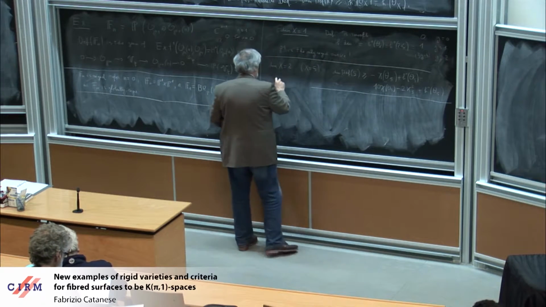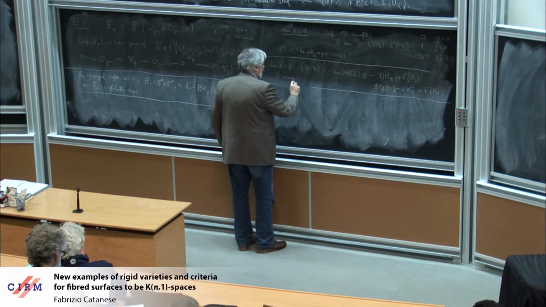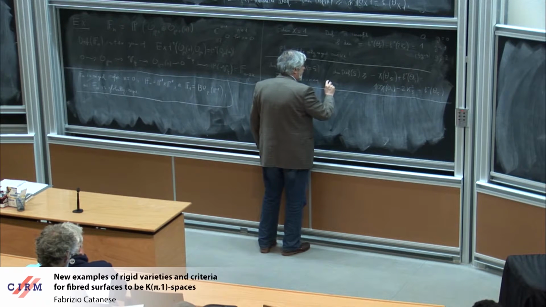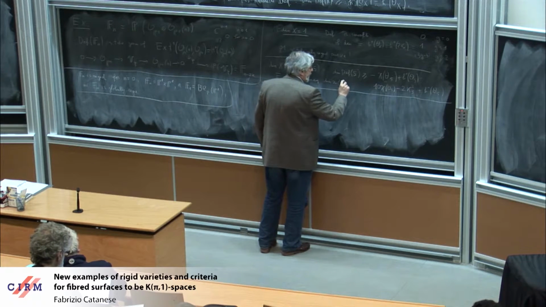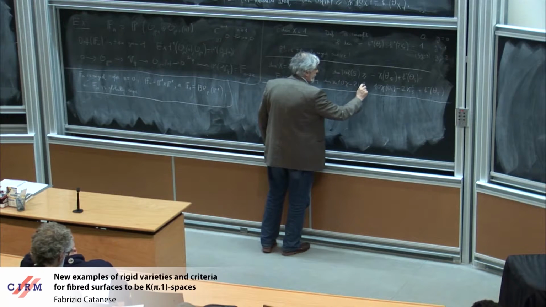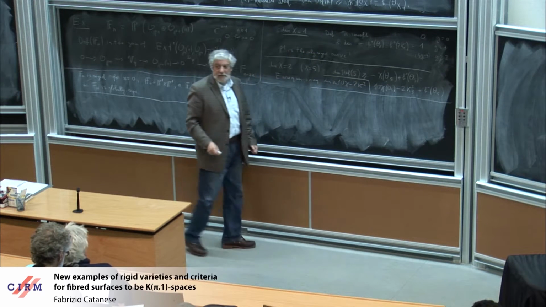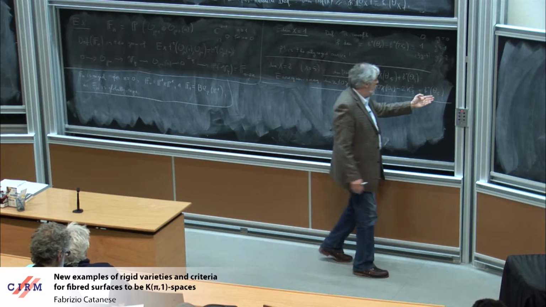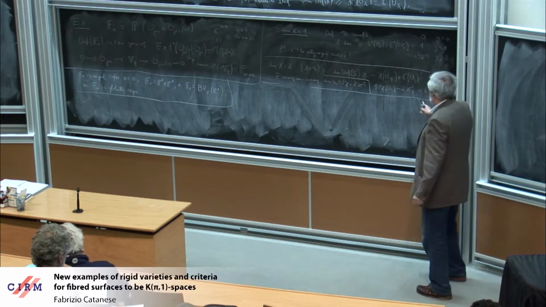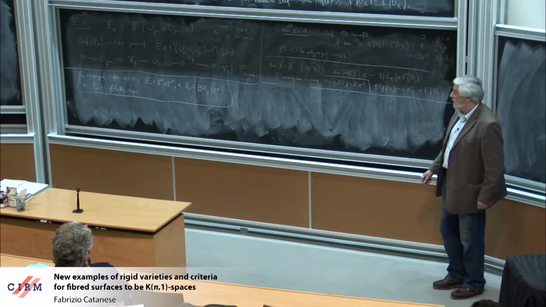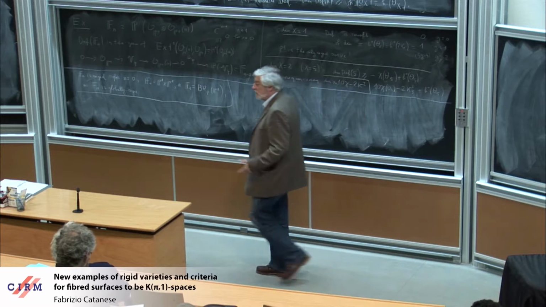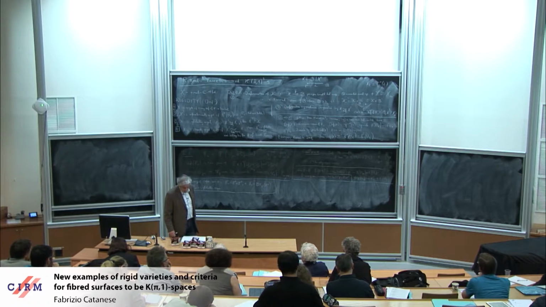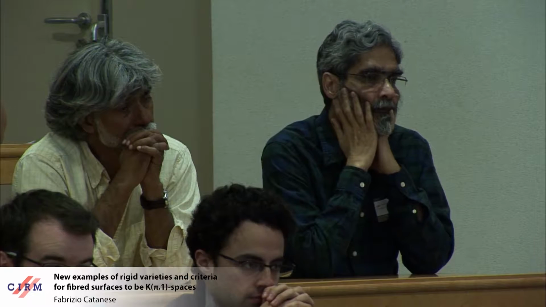So the Enriquez inequality is that the dimension is at least 10 chi minus 2K squared. Since h0 is positive, of course, this dimension is greater than 10 chi minus 2K squared. So this is what some people call the expected dimension.